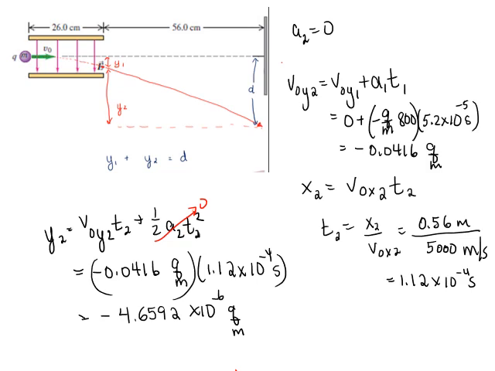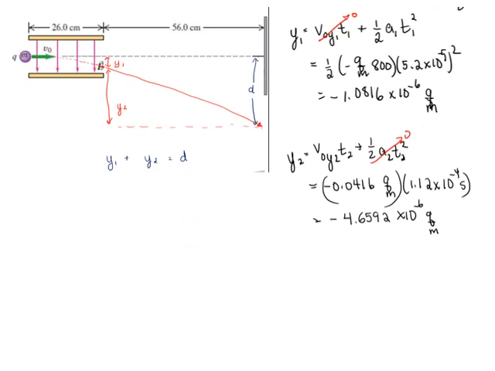Okay, we've got our y1, we've got our y2, we know our d. Let's find our q over m. Let's fill in our values now. y1 is minus 1.0816 times 10 to the minus 6 q over m. y2 is 4.6592 times 10 to the minus 6 q over m. d is 1.25 centimeters.